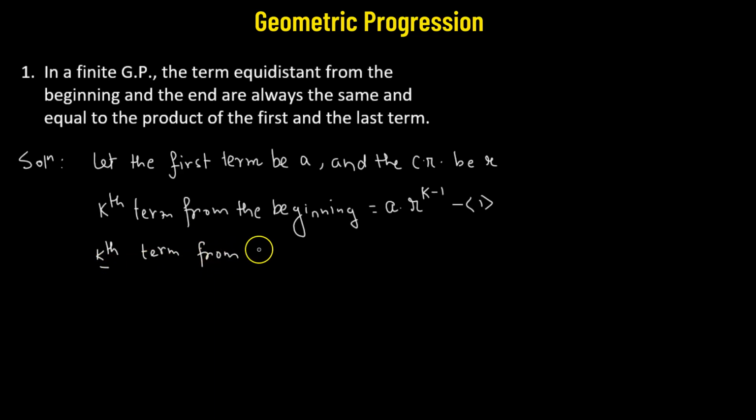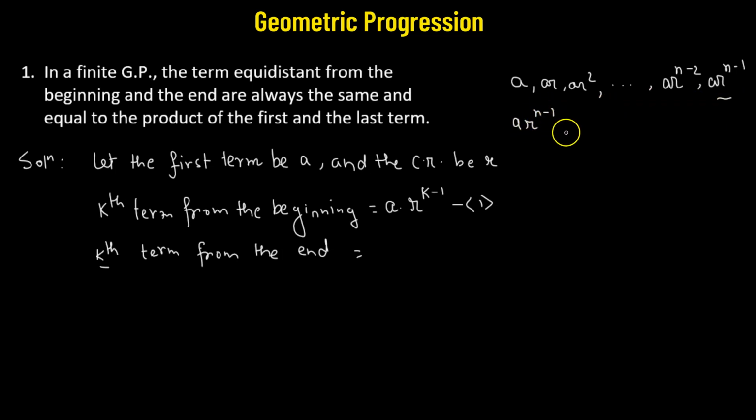So the kth term from the end of the geometric progression, we will use the idea that if a is the first term, ar is the second term, ar squared is the third term, then our second last term will be ar raised to the power of n minus 2, and the last term will be ar raised to the power of n minus 1. So we will reverse this given geometric progression, and this gives us ar raised to the power of n minus 1, followed by ar raised to the power of n minus 2.